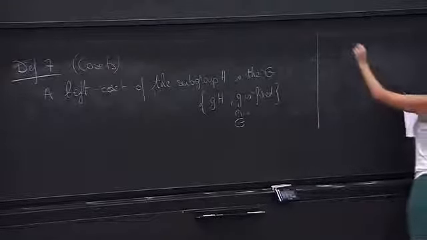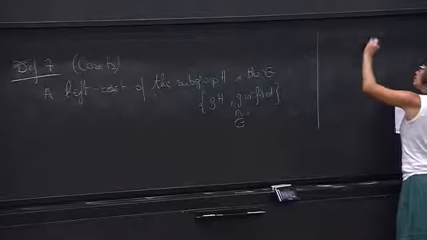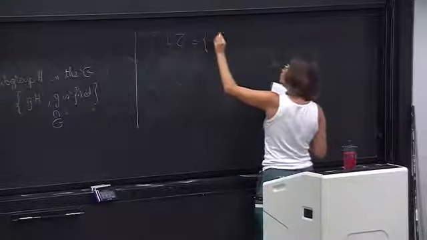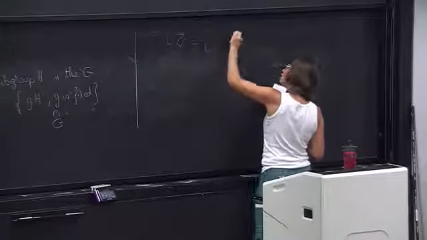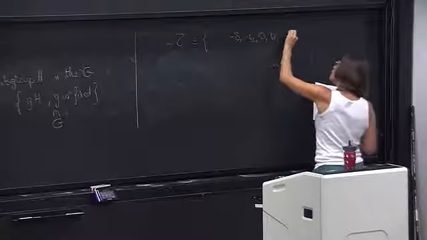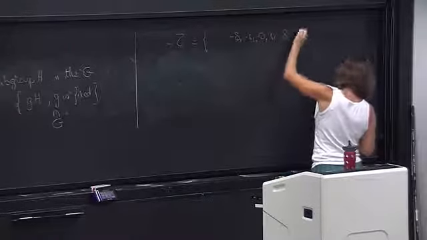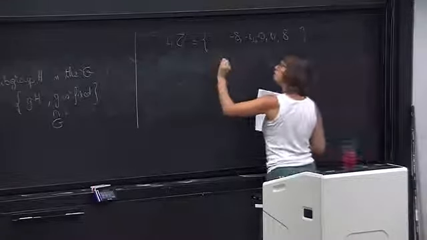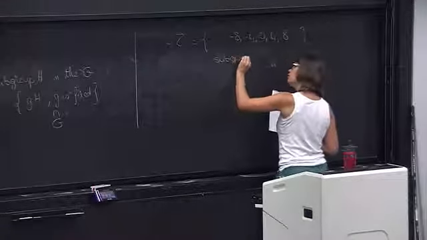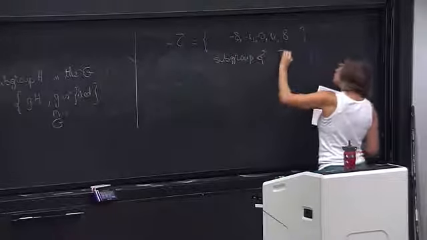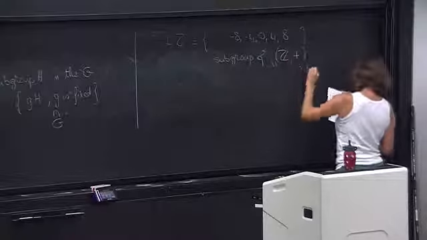So now let's consider this set, the multiples of 4: -8, -4, 0, 4, 8, etc. So this is a subgroup of Z, the set of integers with the addition.